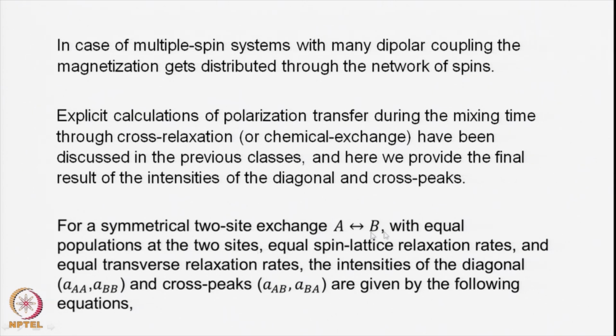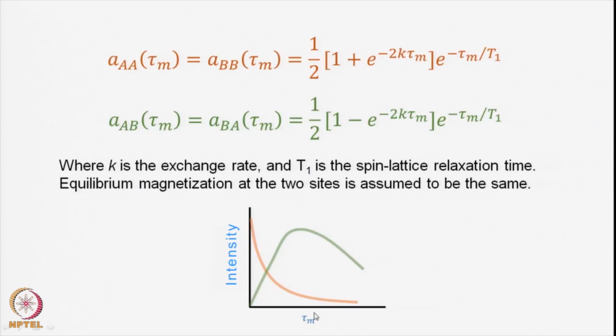If you consider a two site exchange process, with equal populations at the two sites, equal spin lattice relaxation rates and equal transverse relaxation rates of the two spins, the intensities of the diagonal peaks, which we label here as AAA and ABB, and the cross peaks AAB and ABA, are given by the following equations. So, these are for the diagonal, and this will obviously depend upon the mixing time.